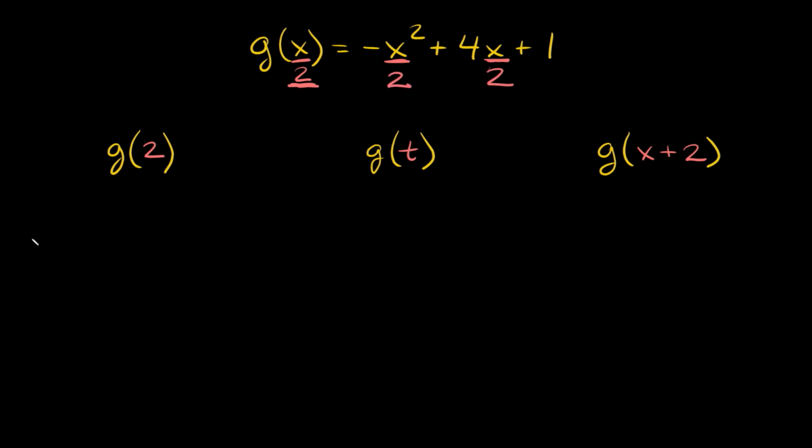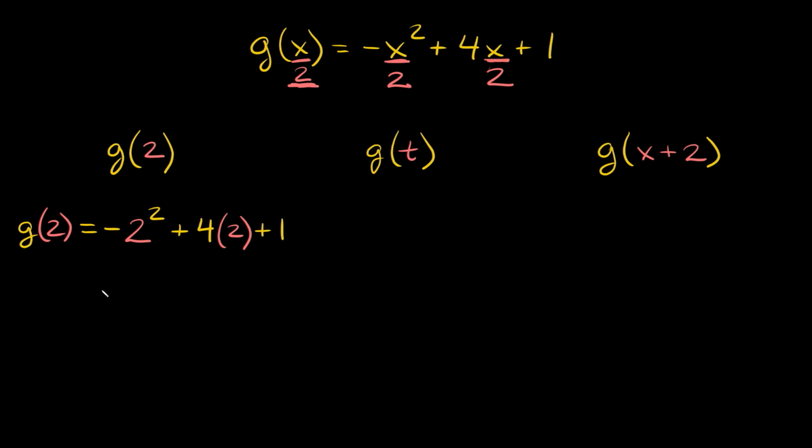So g of 2, let's write it. g of 2 is going to be equal to negative, and instead of x squared, we're going to have 2 squared. So negative 2 squared plus 4 times x, but again, instead of x, we're going to put a 2 right there, and then we have plus 1 at the end.